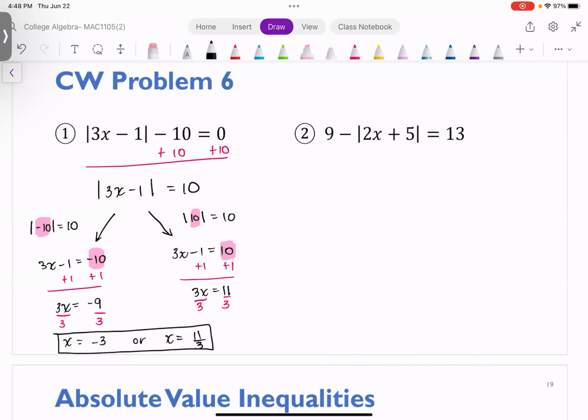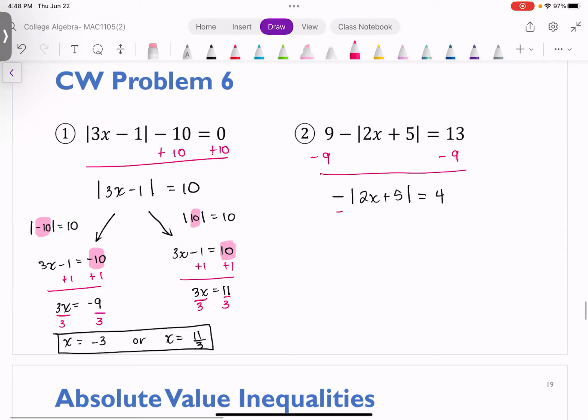All right, my first step here is to isolate my absolute value expression. So I'm going to subtract 9 from both sides of the equal sign. On the left side, I'm left with negative absolute value of 2x plus 5 is equal to 4. Now I still am not isolated. I need to have a positive absolute value by itself on one side of the equal sign.